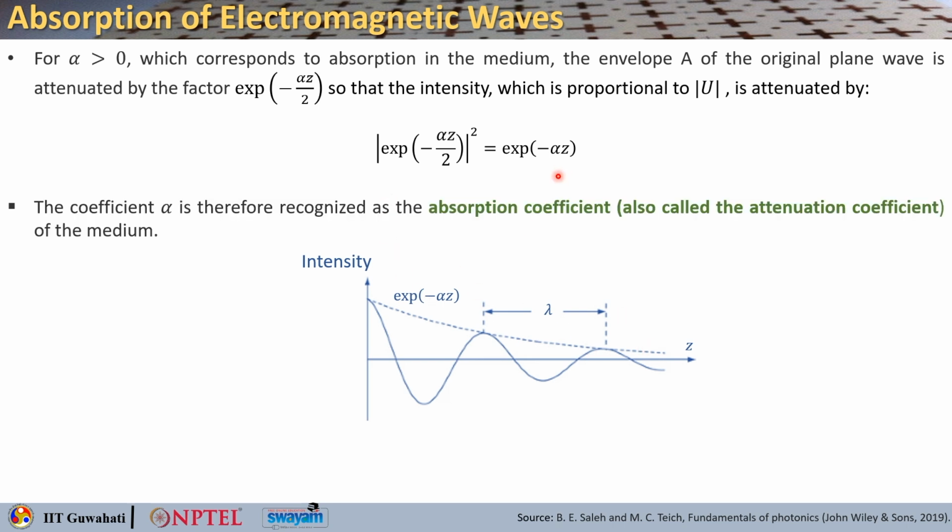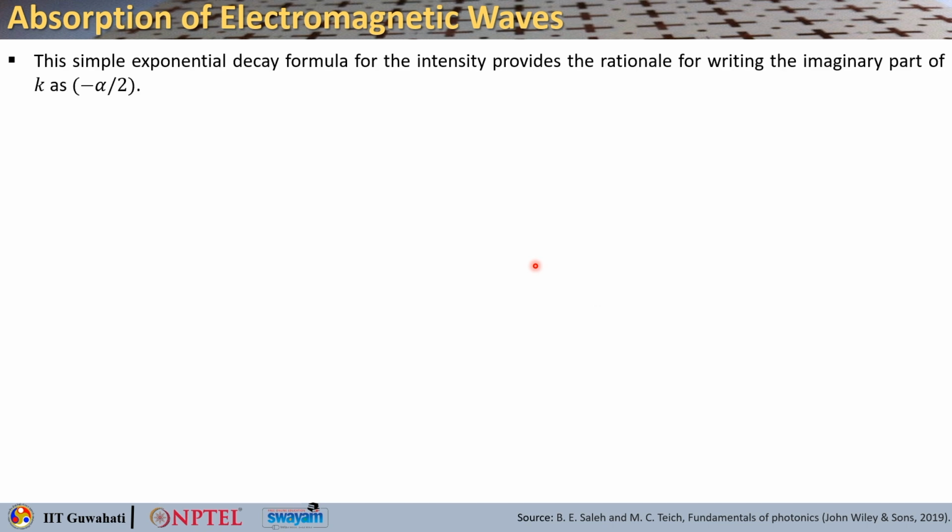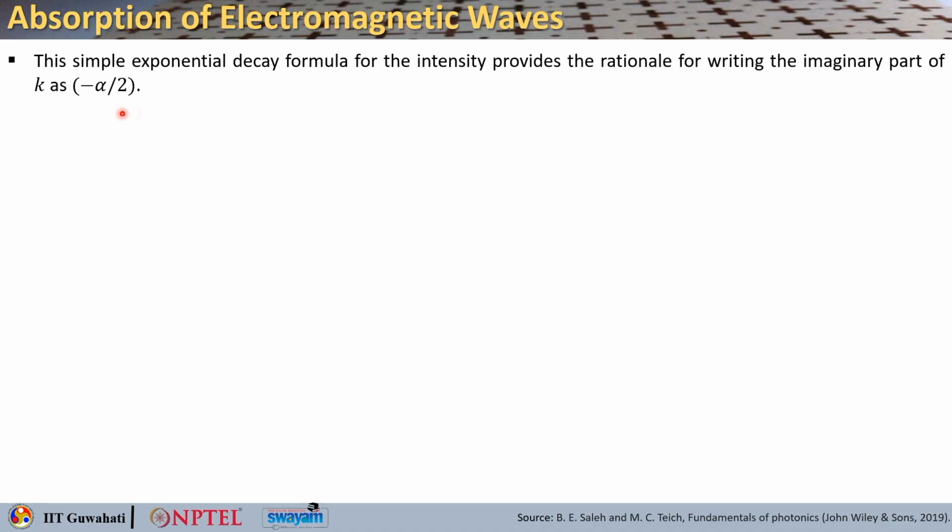This coefficient alpha is therefore recognized as the absorption coefficient, and it is also called the attenuation coefficient of the medium. This simple exponential decay formula for the intensity provides the rationale for writing the imaginary part of k as alpha by 2, because the amplitude starts as alpha by 2. So the intensity decays as minus alpha.